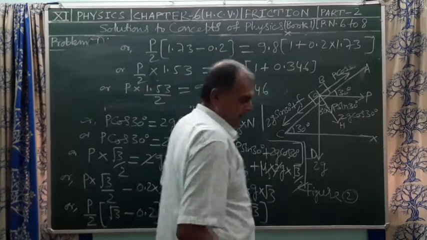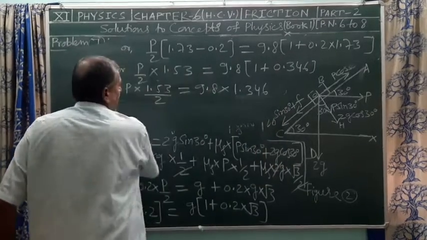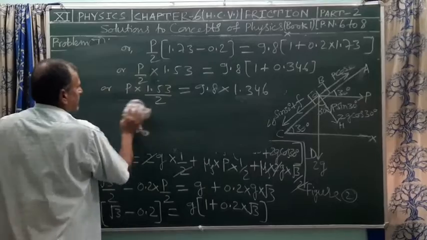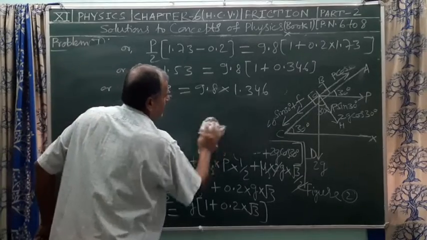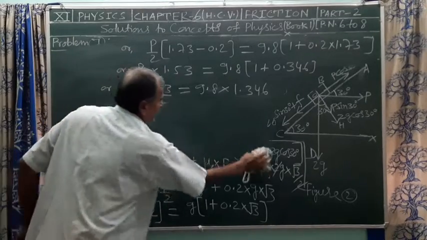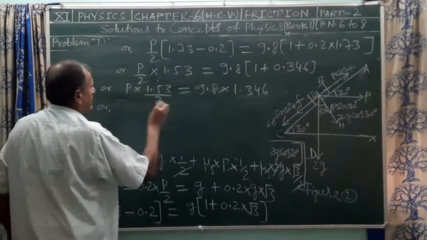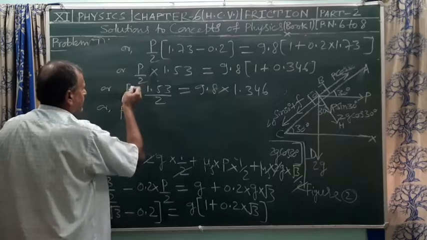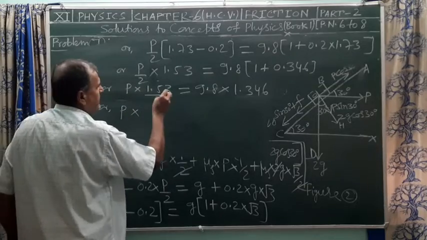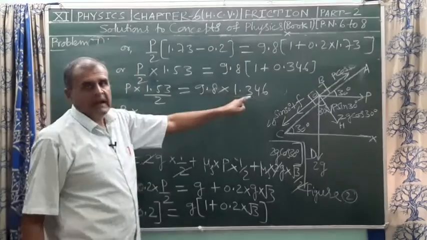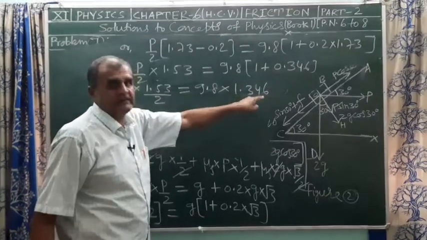So in RHS it is 1.346. After rounding off, in LHS the next term is p into 1.53 upon 2, and in RHS 1.346, after rounding off, we can write it as 1.35.